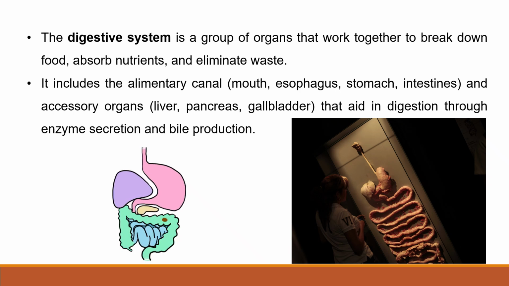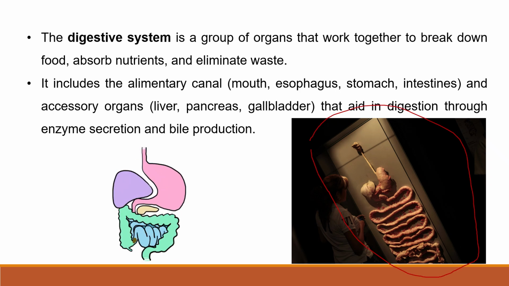The digestive system is very important, and in your B.Pharm second semester you will be studying this in your second unit. And in the second image you can see the real structure of the digestive system.